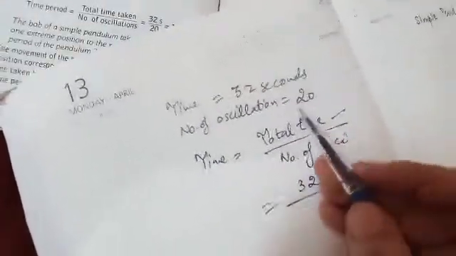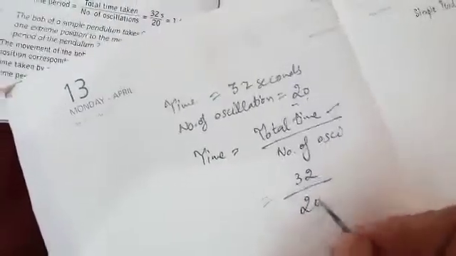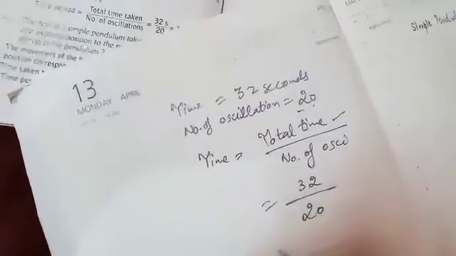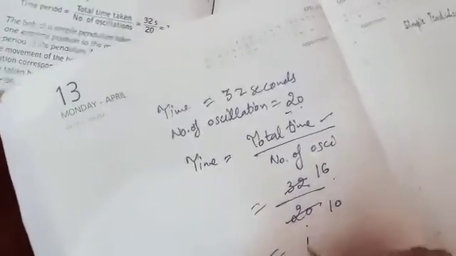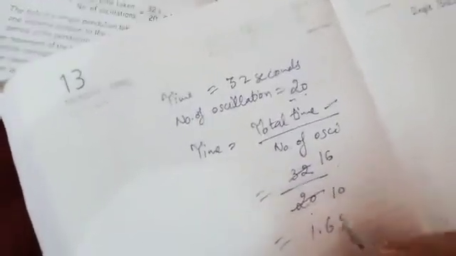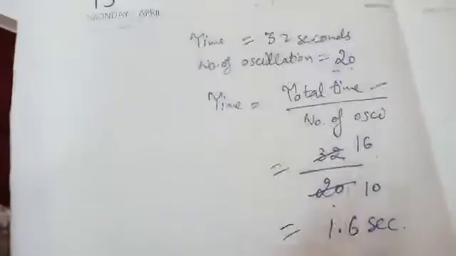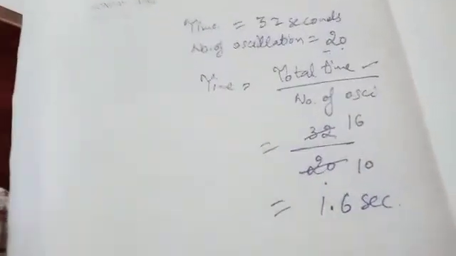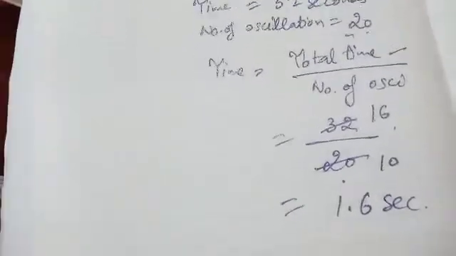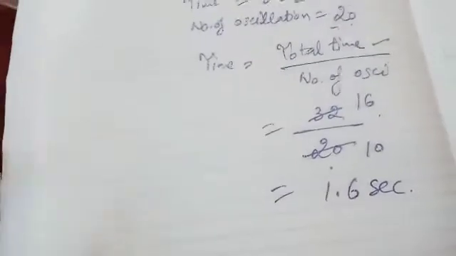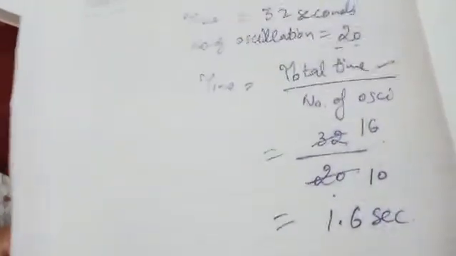Total time is 32 seconds, in which it completes 20 oscillations. So 32 by 20, that will be 16 by 10, and you can write 1.6 seconds. It means it will take 1.6 seconds to complete one oscillation. So the time period of the pendulum will be 1.6 seconds.